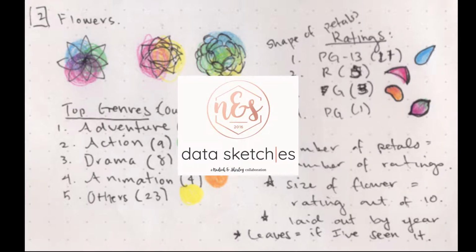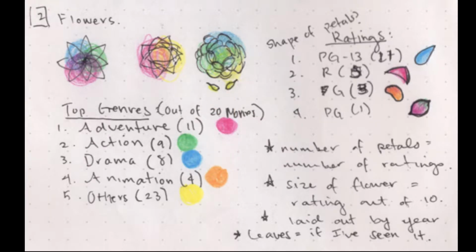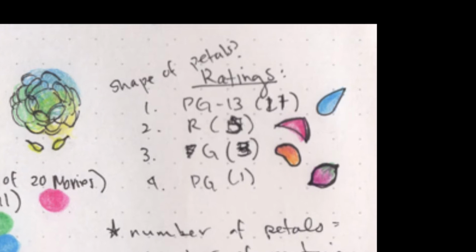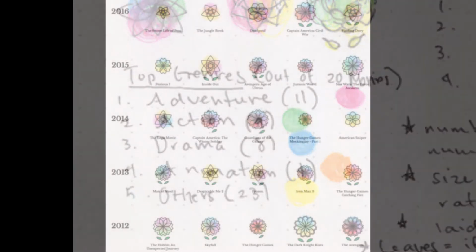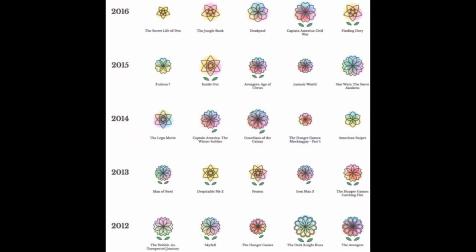On the Data Sketches website, you can see that Shirley shifts a little bit. She goes from fireworks to flower petals. Words still start with the same letter, but there's a definite shift. Now she's trying to encode the ratings as petals and the genres as colors. Eventually we do see Shirley's idea take form in this final rendering.